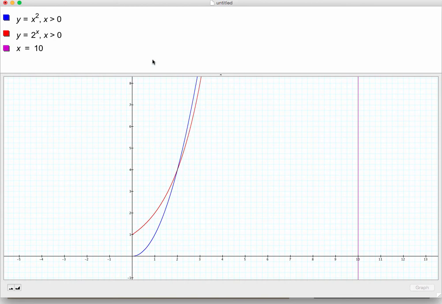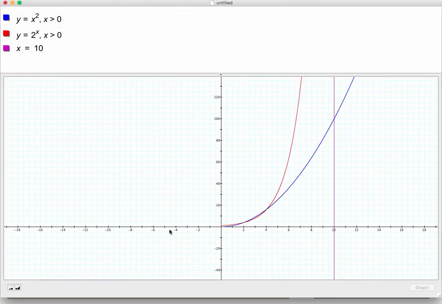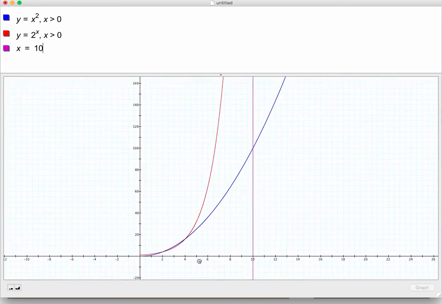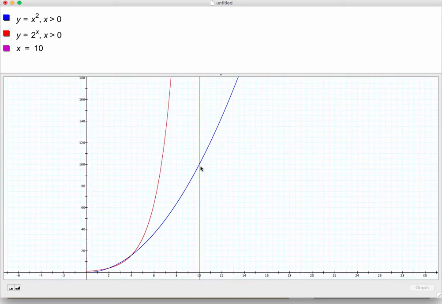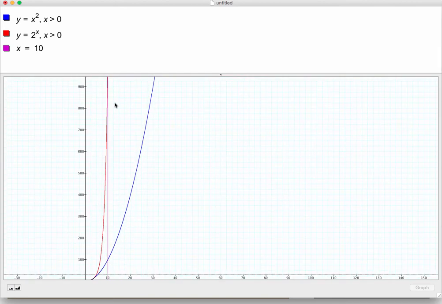But if we go to a different zoom, we see eventually that when x is even 10, the blue graph is much lower than the red height. We can't even see the red height. We'd have to really zoom out and see that the red graph is very high relative to the blue graph for x equal to 10.